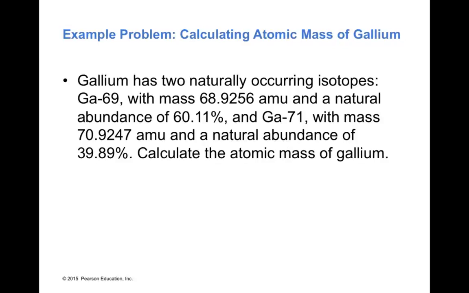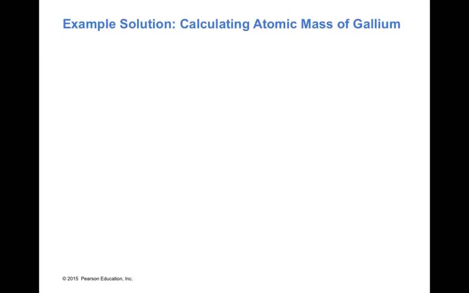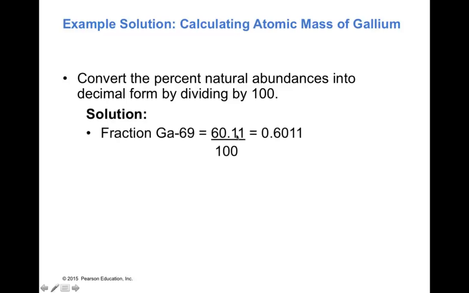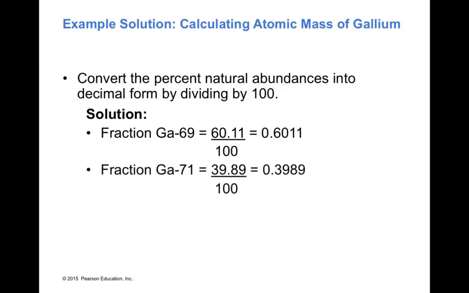To do this, we need to first change the percent to the decimal expression. So we're going to divide each one by 100. For gallium-69, which has 60.11% abundance, we divide by 100 and we get 0.6011. For gallium-71, we divide the abundance, 39.89%, by 100, which is equal to 0.3989.